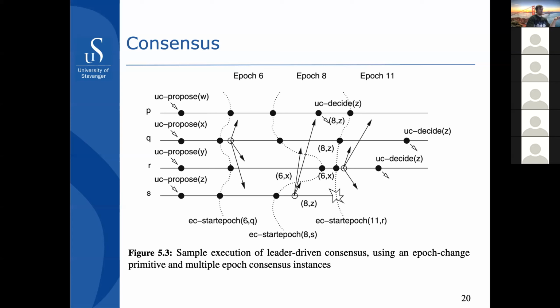So whenever we divide 6 by 4, we get 1, and then we have 2 remainder, and this is why it will be the process 2 here, or Q, that is the leader. For 8, we divide by 4, and the remainder will be 0, and this is S. And if you take 11 divided by 4, you have 3 remainder, which is the third process R. So this is the ranking function, and this says something about who is the leader in that epoch.